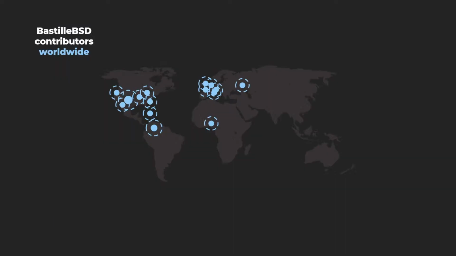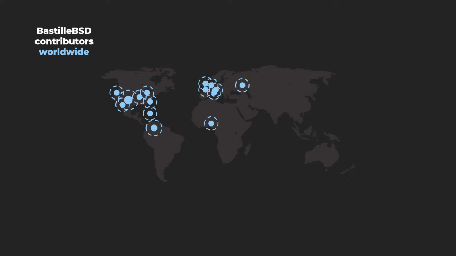Here's a little snapshot of where we've had contributors so far. So west coast to the east coast of the United States, Canada, Puerto Rico, Colombia, all over Europe, Russia, and even Nigeria just a couple months ago. So I do notice that there's some empty spots on this map. I'd like to fill those in.